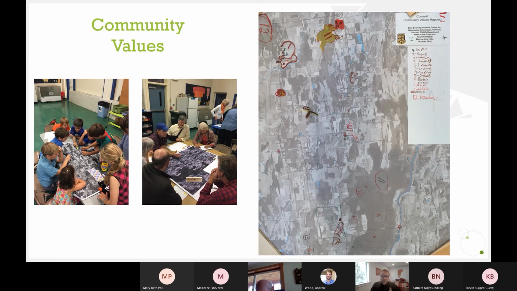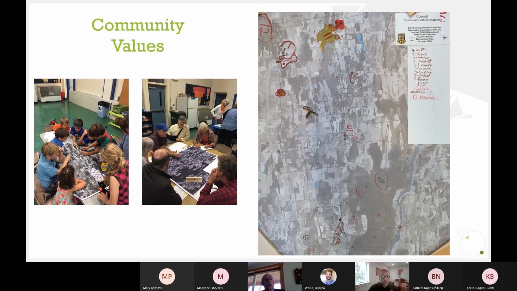And this activity is essentially getting as many people together from town as you possibly can and doing a community values mapping activity. You ask one question: what do you love about living here? The example on screen is from Cornwall, and they did this activity in the school with the 1st through 5th grades the week before, and then with the whole town the next week.